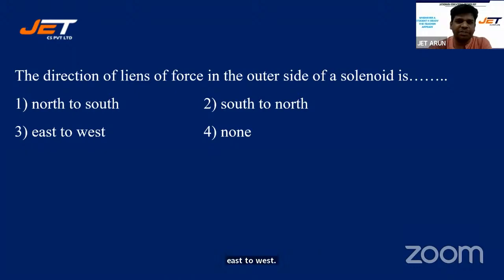The direction of lines of force in the outer side of the solenoid is... Yes, now I got a consistent response. Excellent, students, you are correcting yourselves. Vishwant, outside the solenoid, not inside. We just saw inside, inside is south to north, so outside it will be north to south. All right, Vishwant, good.